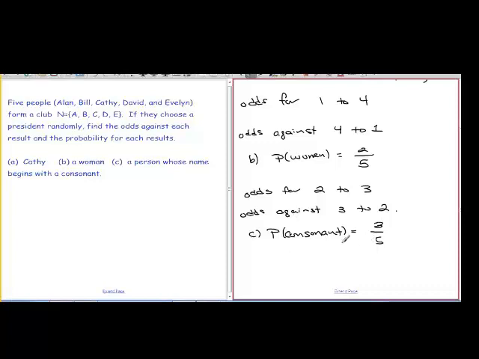So the probability for picking a person's name with a consonant is 3 over 5. The odds for are 3 to 2, and the odds against are 2 to 3. So I think Harmony got it right.